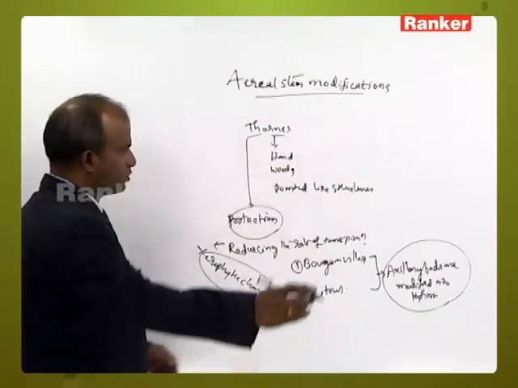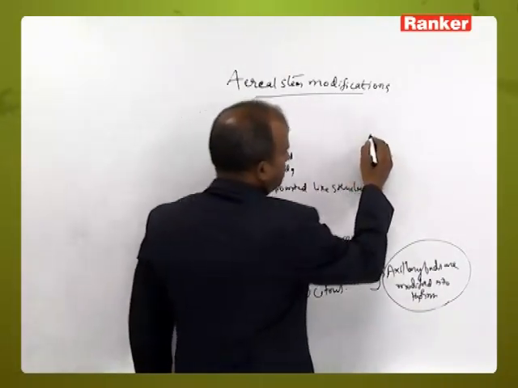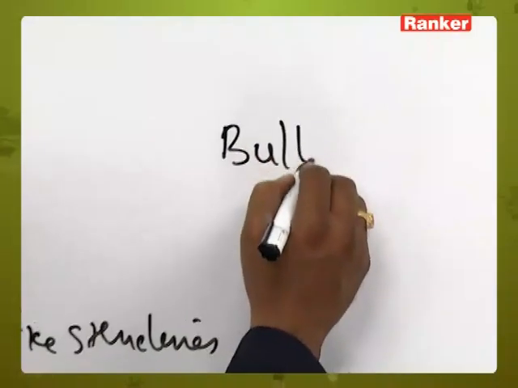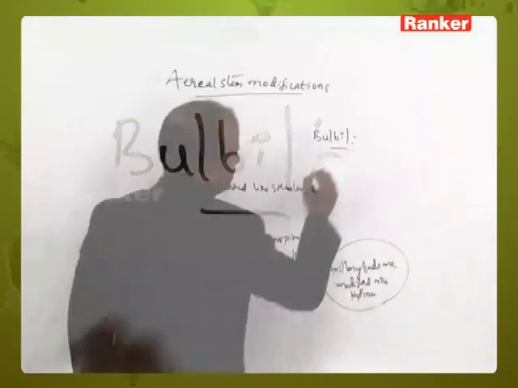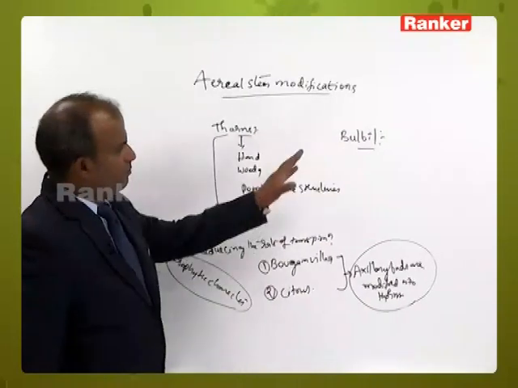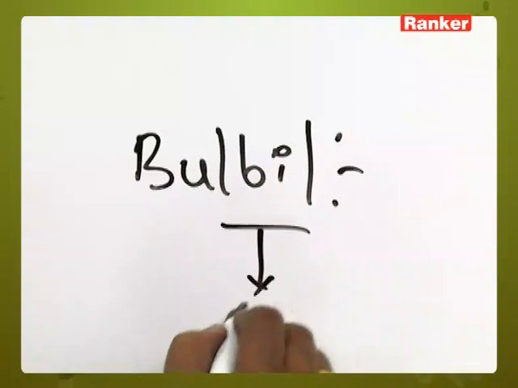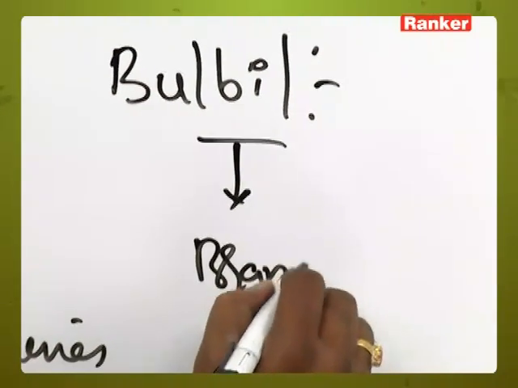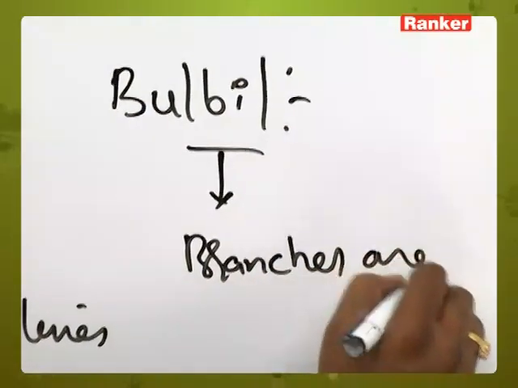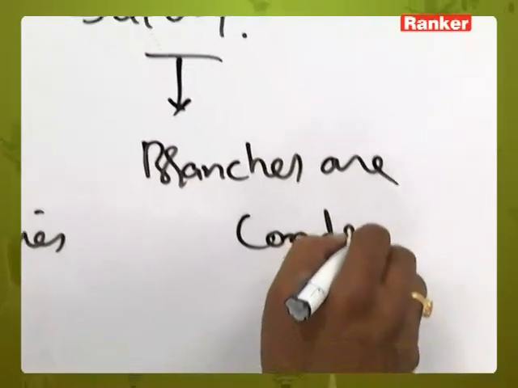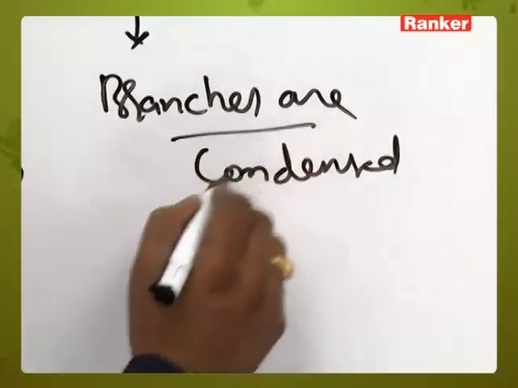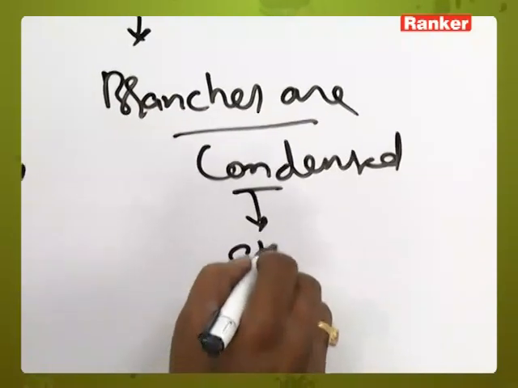Next, another modification, that is bulbil. In bulbil, branches are condensed, and these condensed branches store food materials.